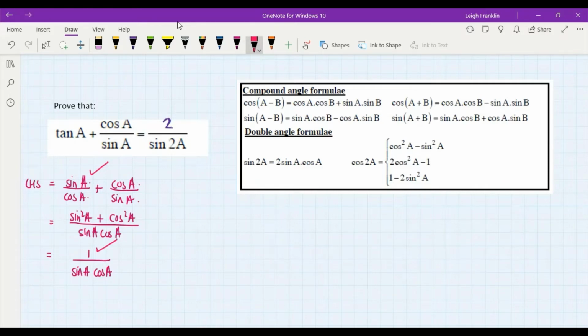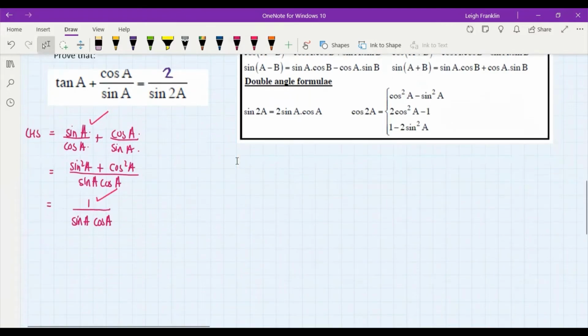This is where the two options now vary in how you want to answer this question. So these are your two options. Either you multiply what you have by 2 over 2. How sneaky is that? And that gives you 2 over 2 sine A cos A. And of course, you guys know that 2 sine A cos A is sine 2A.